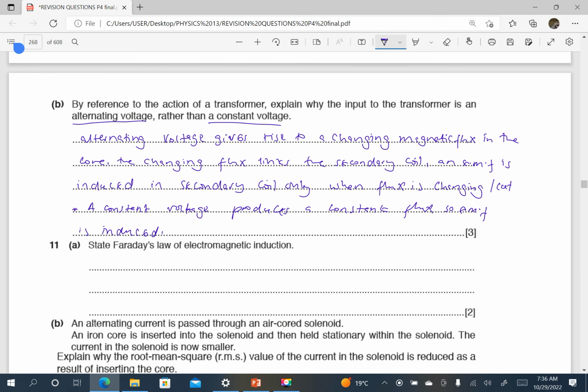Okay, state Faraday's law. We stated Faraday's law many times in magnetic fields.